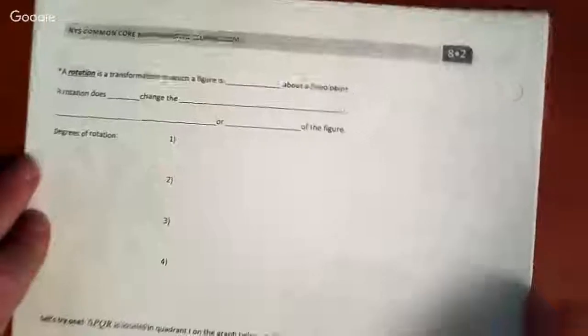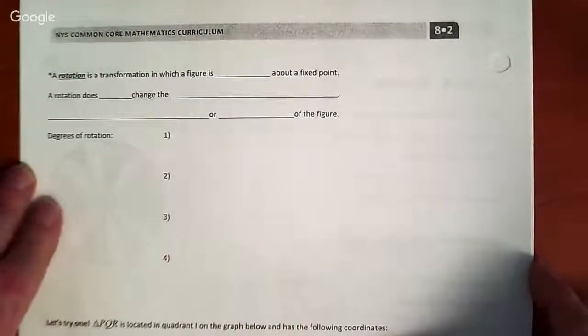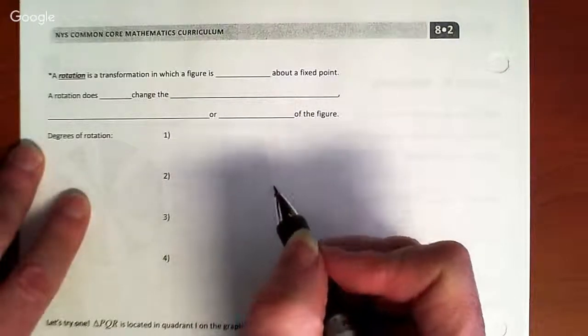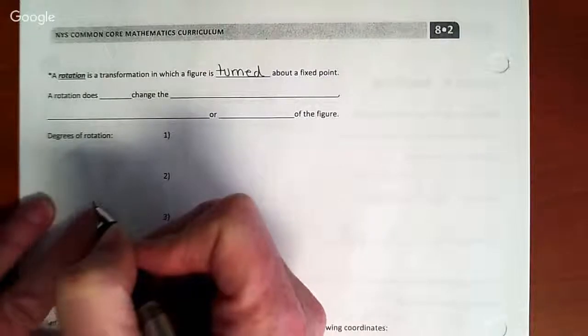Next, a rotation. A rotation is a transformation in which a figure is turned about a fixed point.